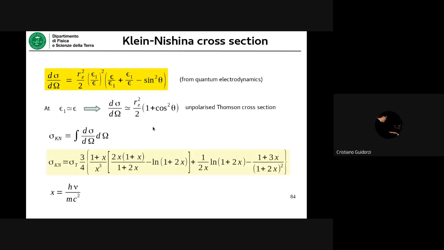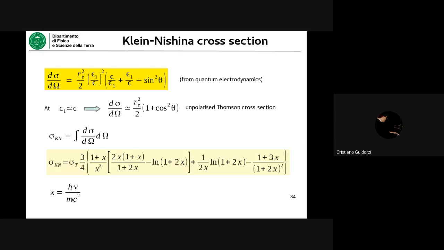And the result, which I'm not going to prove, is a pretty scary formula, which of course you are not required to know by heart, except for a few details that I'm going to tell you right now. First of all, again, the scale is given by the Thomson cross section. Here, x is a dimensionless quantity, the ratio of the energy of the photon to the rest energy of the electron.